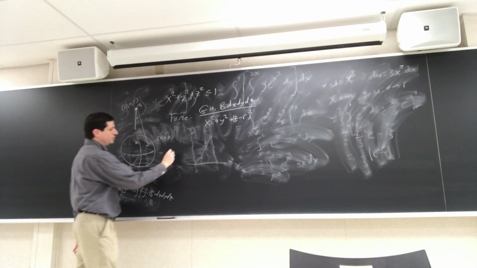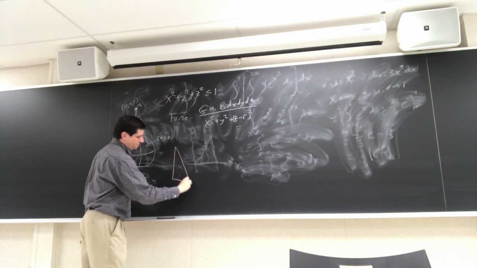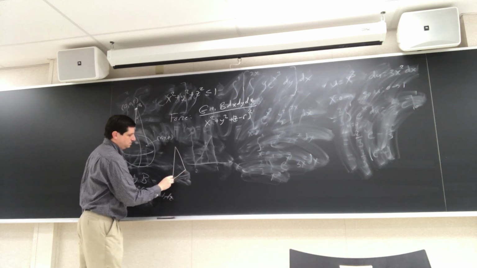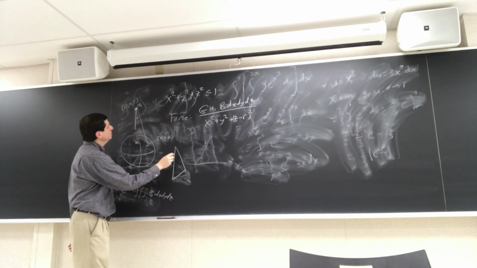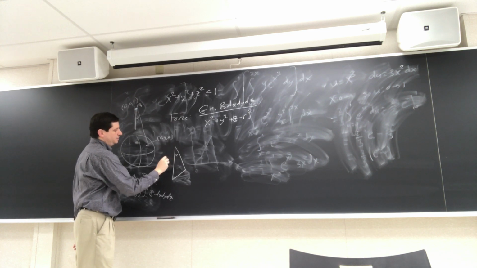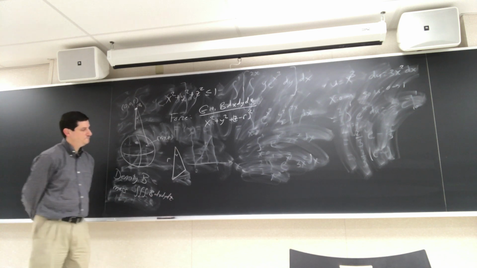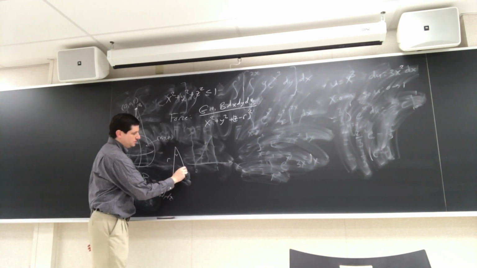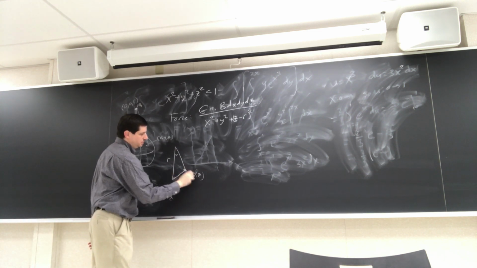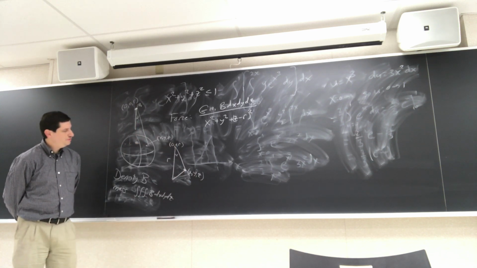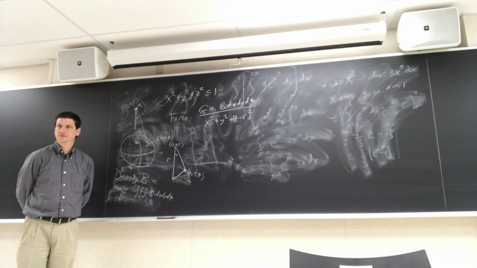So if you want to think about what's going on, here is our angle alpha. This whole thing is r. This is at the point x, y, z. This is at the point 0, 0, r. How would we find that angle?